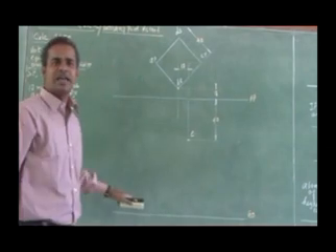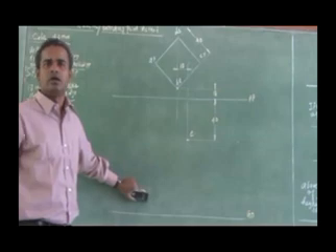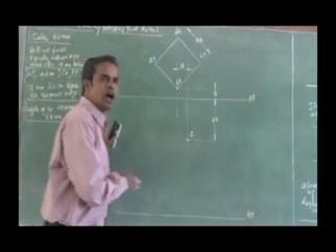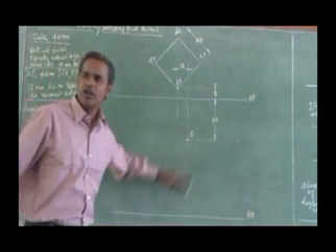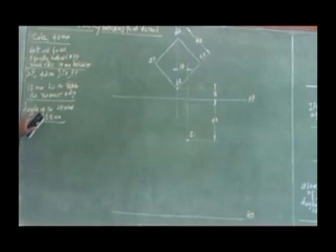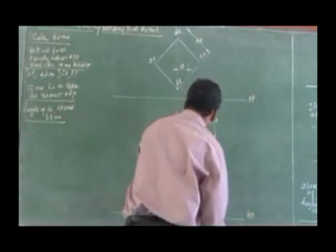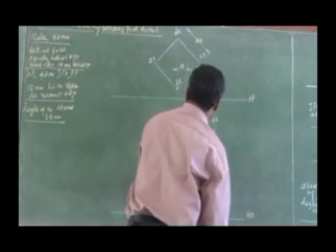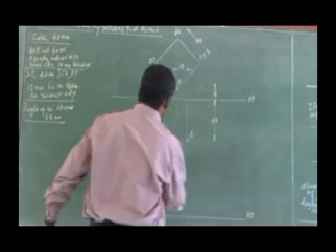Listen, for this I need not draw the front view. Right? What you have to draw is the station point's front view location. What is that? The height of the observer is given as 60 mm. So you measure the height of the observer, 60 mm.